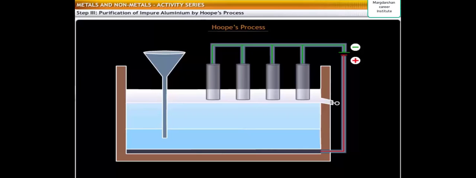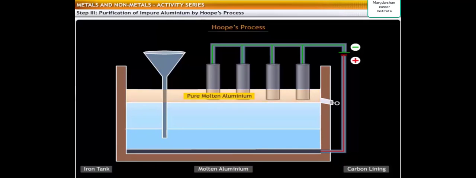Hoop's cell consists of an iron tank lined at the base with carbon, with 3 layers of molten aluminium with different densities to prevent their mixing. The upper layer of the electrolytic cell consists of pure molten aluminium with a series of carbon rods that serve as the cathode.